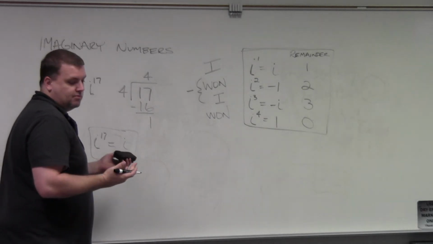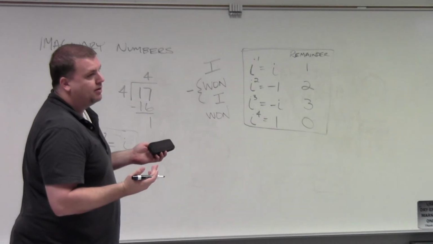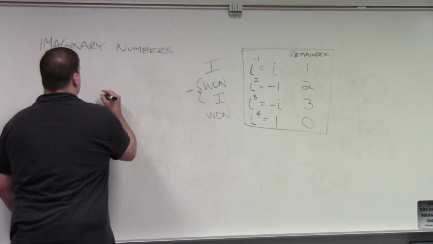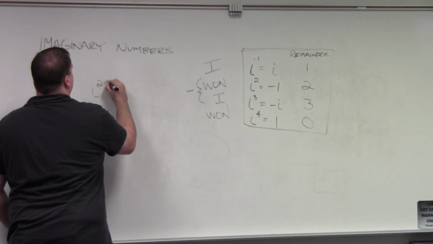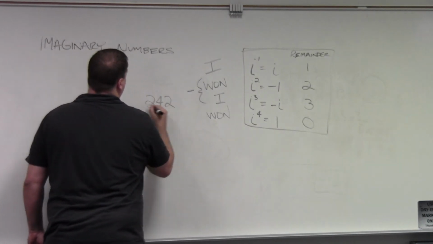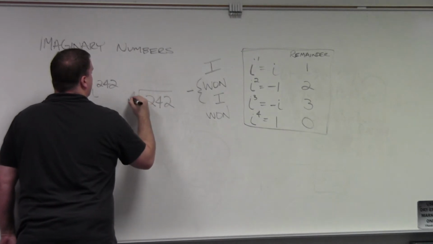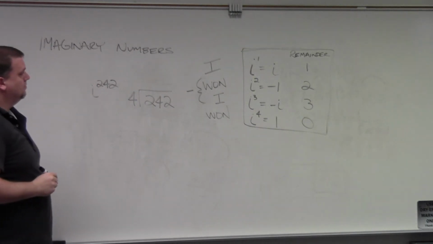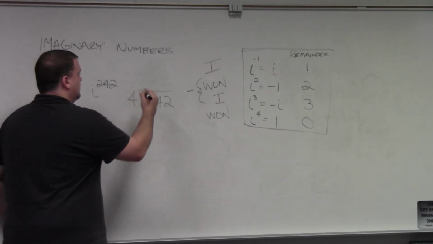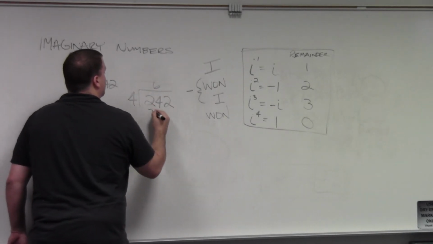The last one, had to do it, had to give you a big power, 242. So i to the 242nd power, we're going to take 242 and divide it by 4. 4 goes into 24 six times. 6 times 4 is 24.